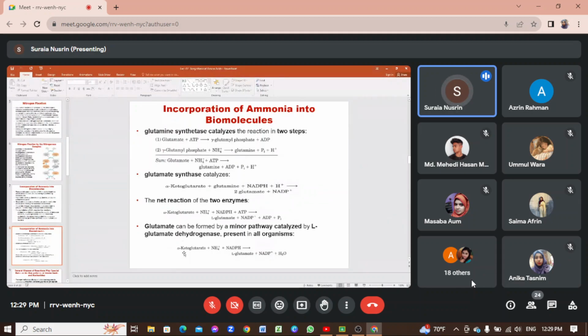In that reaction, alpha ketoglutarate interacts with ammonia, and electrons are provided by NADPH, and we get glutamate. Okay. So these are the reactions by which the ammonia is incorporated into biomolecules, specifically we can say in case of amino acids.